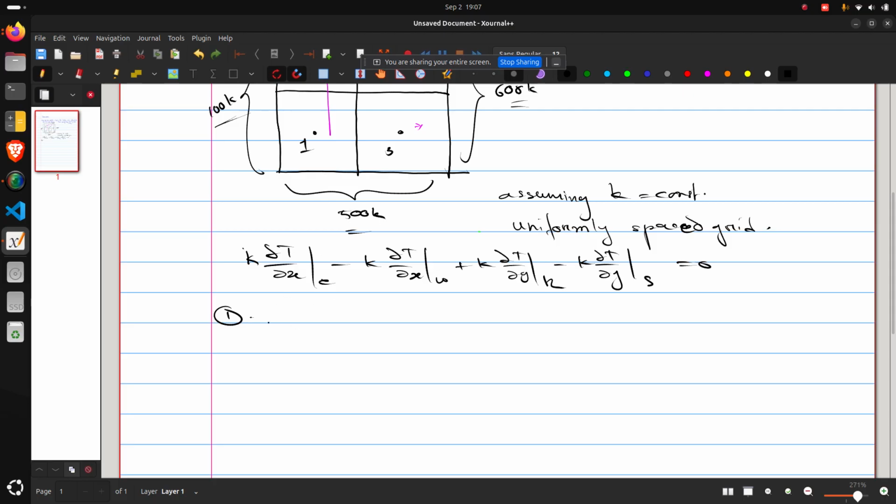So on the east side it will be k times, okay, there will be the areas also here, right? So this will be delta y, delta x. Okay, so k delta x times delta y by dx will be T3 minus T1.